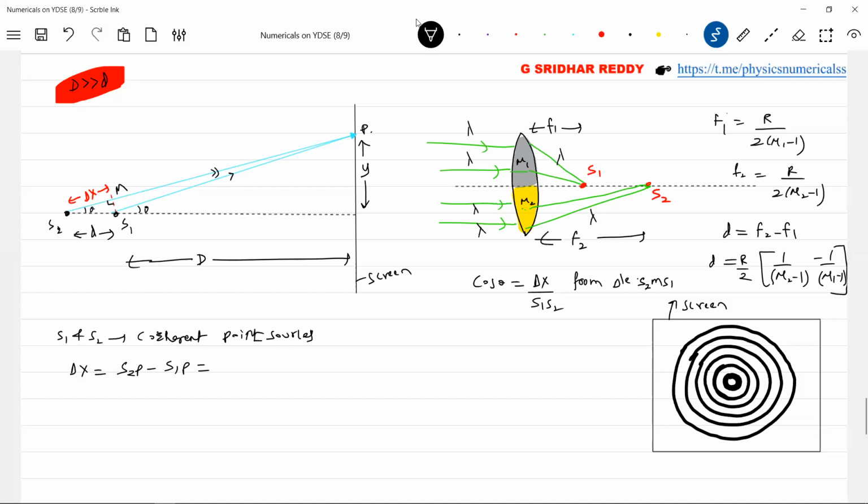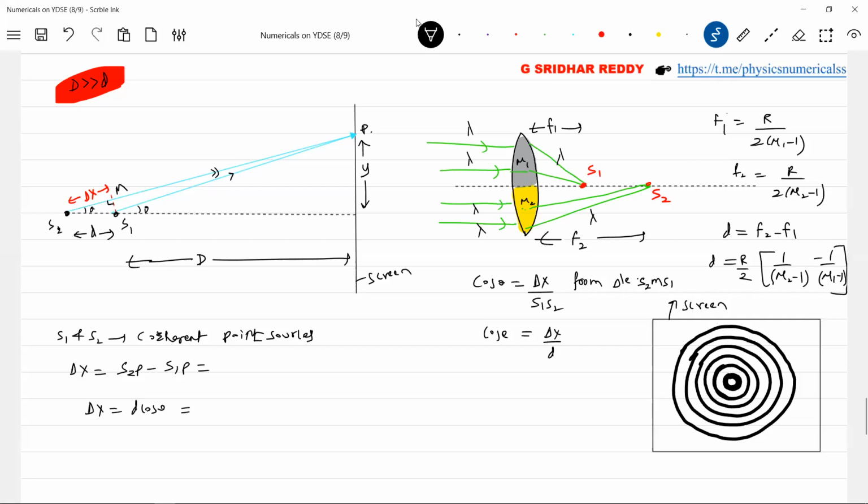So delta x, which is S2P minus S1P, should be equal to d cos theta, since S1S2 is equal to d.